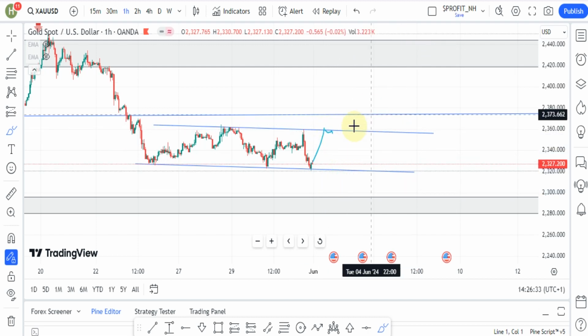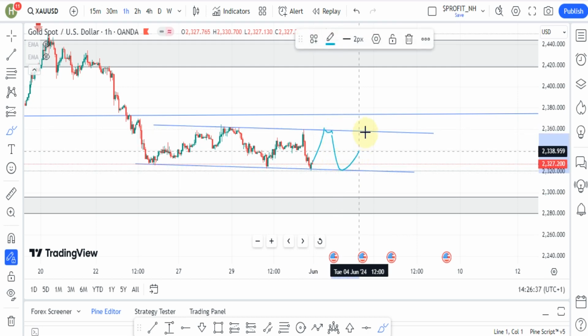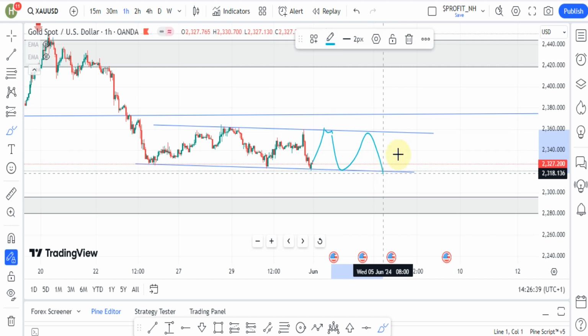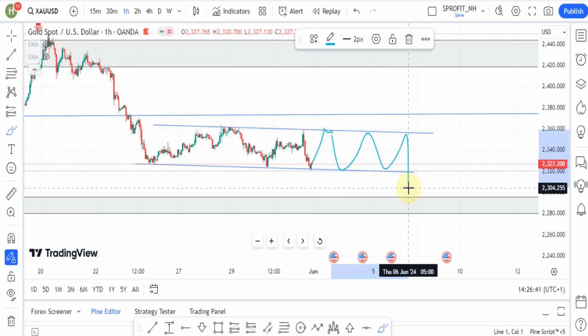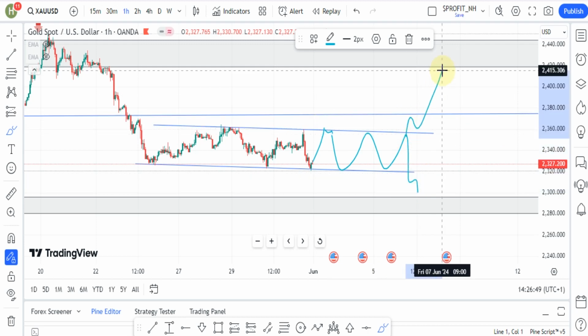It might start consolidating around this area, which is a possible scenario, before breaking below that area and continuing to the downside, or breaking above that area and continuing upwards.